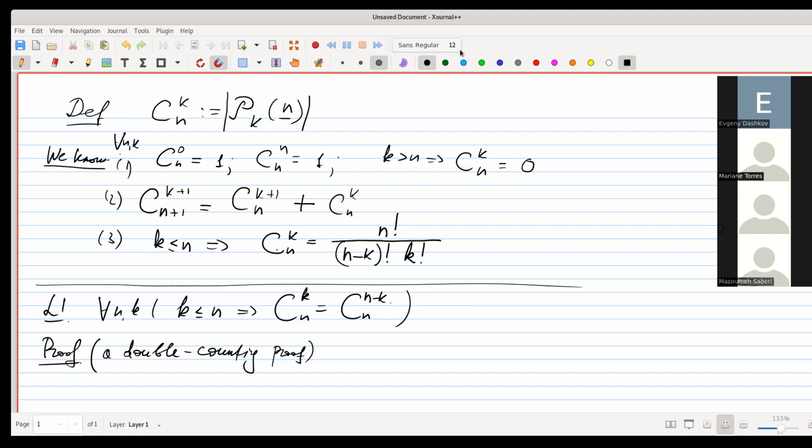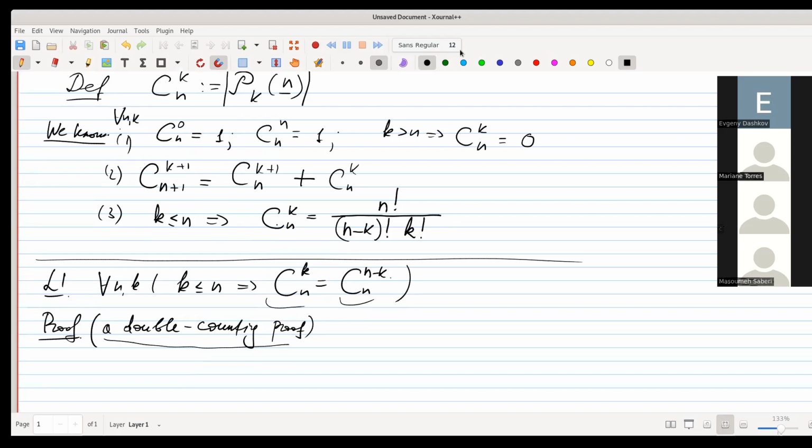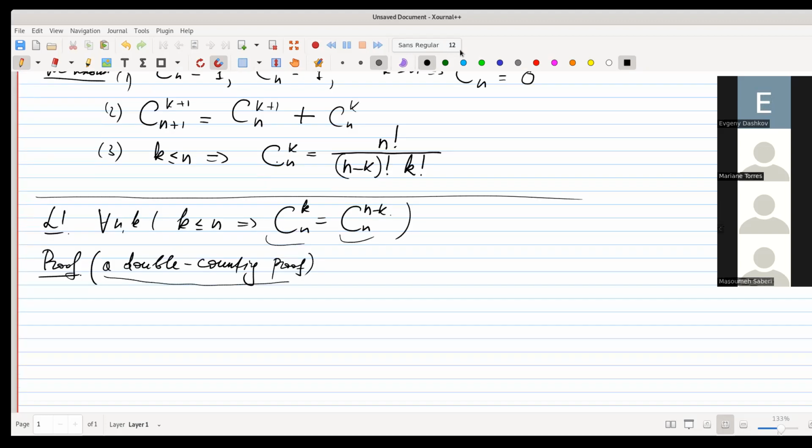Can we count one quantity in two ways so that we obtain first the left-hand side term, second the right-hand side term? Clearly, by definition, n choose k is just the number of all k element subsets. But what is n choose n minus k?